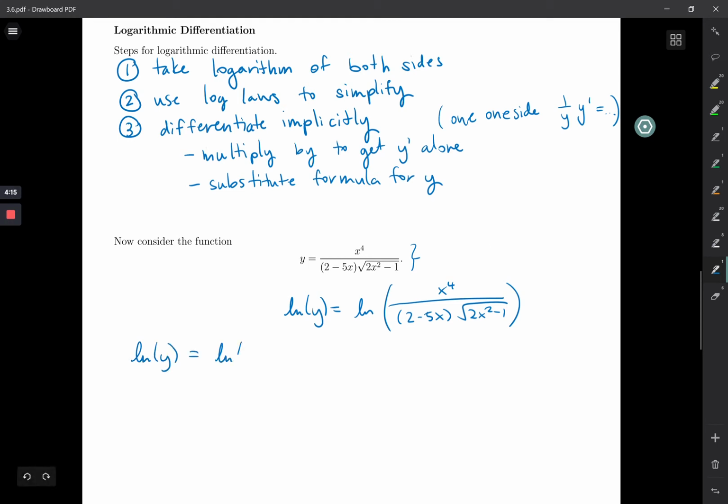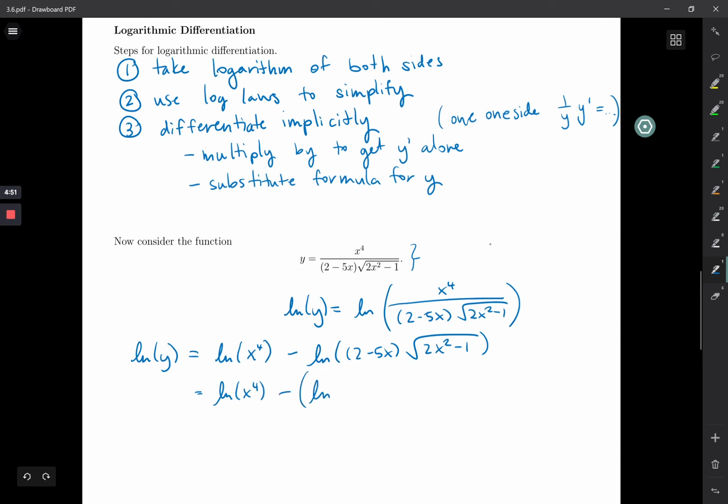First we would get natural log of x to the fourth minus the natural log of this stuff in the denominator, 2 minus 5x. And then to simplify even further, I could split this into a product, because this is the product of two functions, I can turn that into addition.